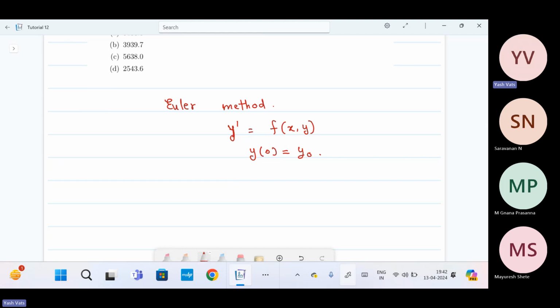Then what you do is you try to approximate your function using Taylor series expansion. So let's do that first. What is y(x plus h)?